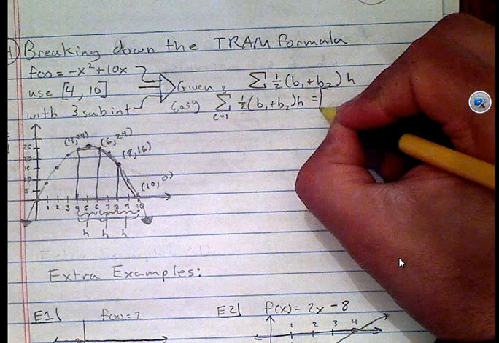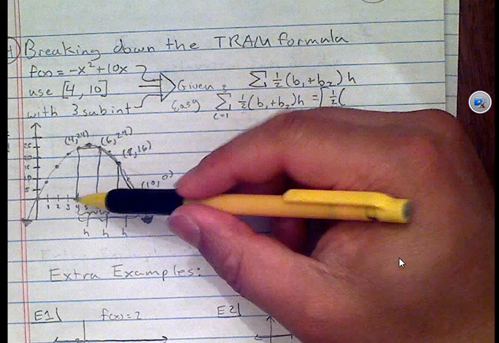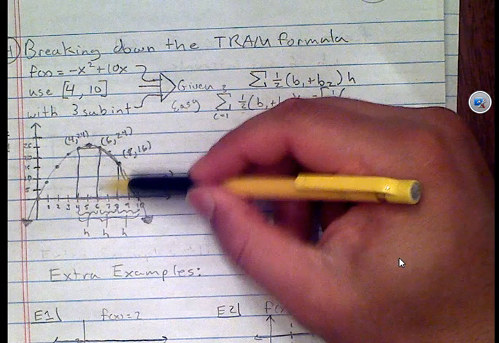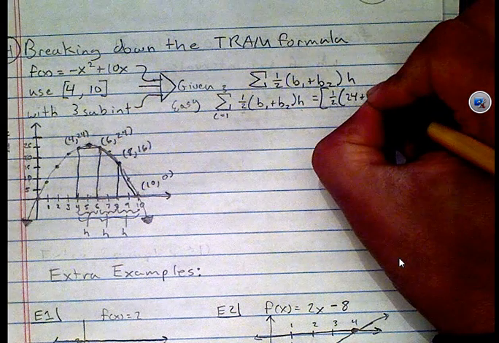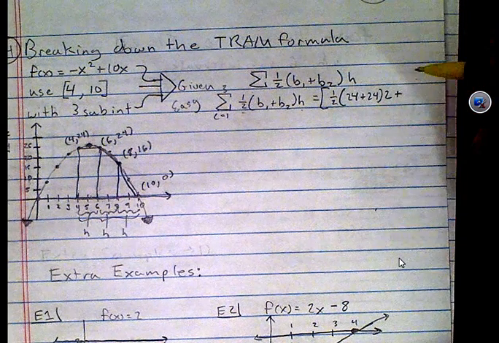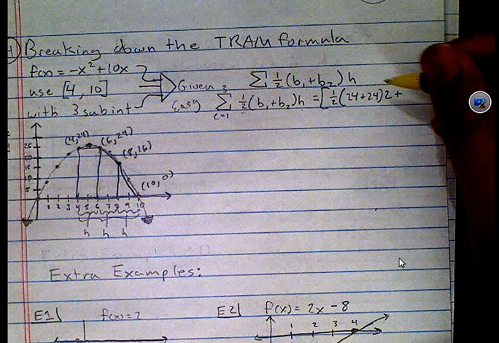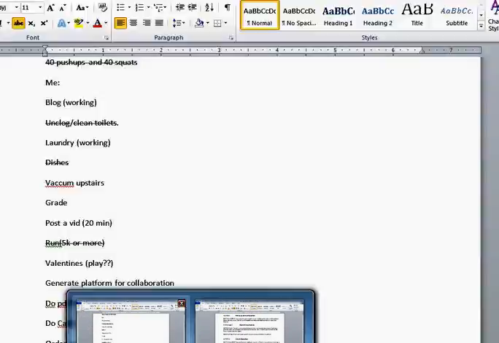Alright, so 1/2, let's look at my first one. Base 1, 24, base 2, 24. So 24 plus 24 times 2. And I'm already seeing that this is causing me way too much writing. I probably should have, let me zoom in real quick.